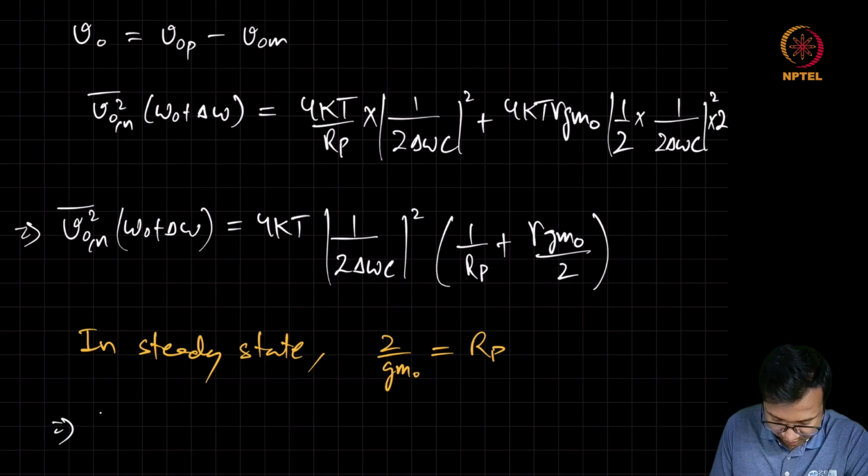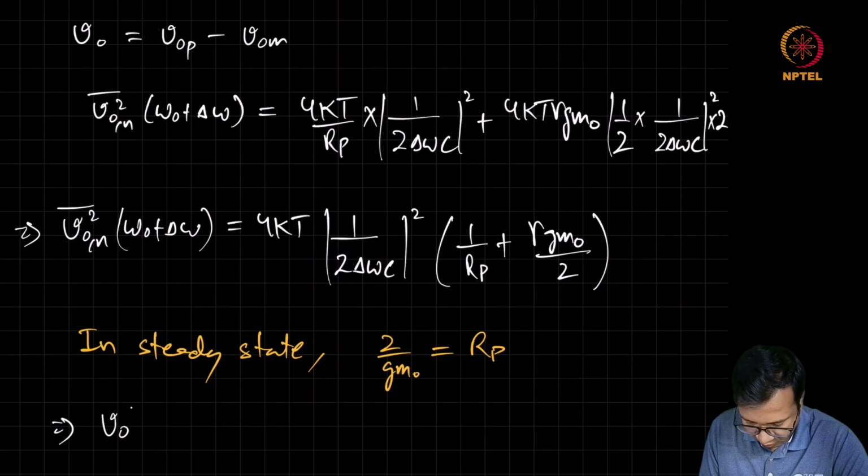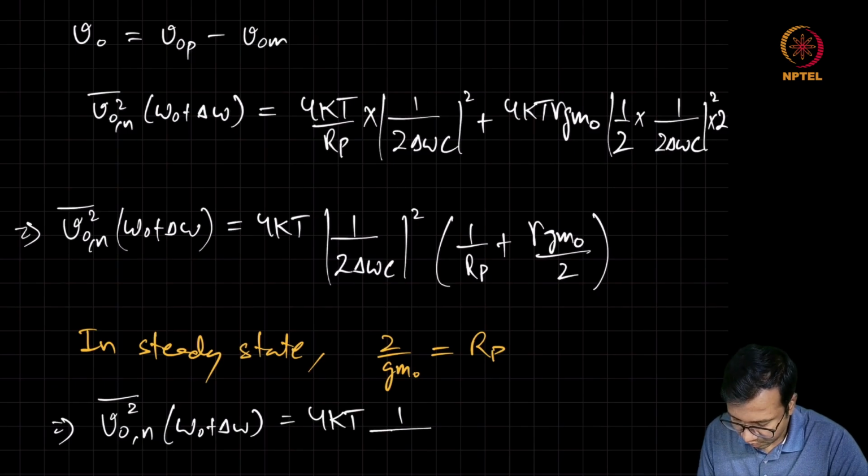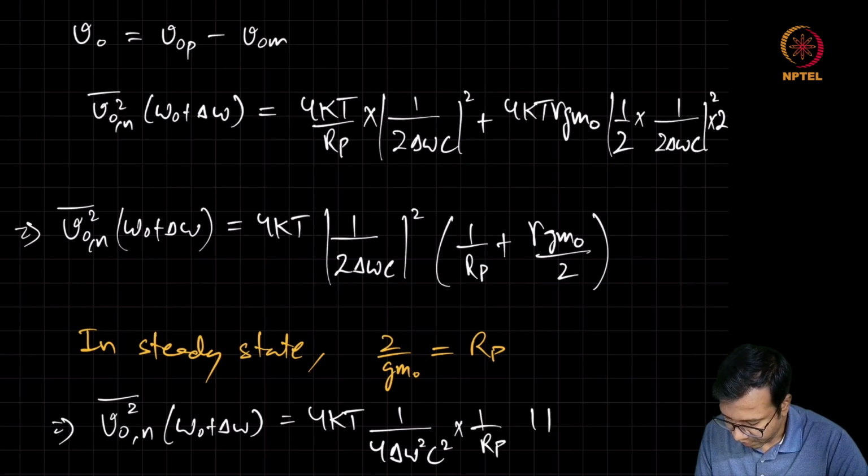It implies the output noise PSD is going to be equal to 4 kT 1 by 4 delta omega square C square into 1 by RP into 1 plus gamma.